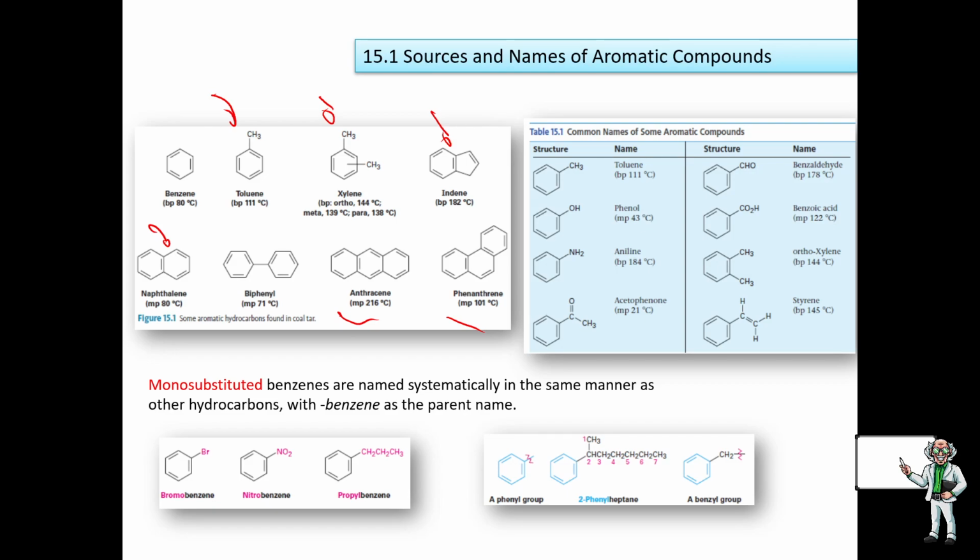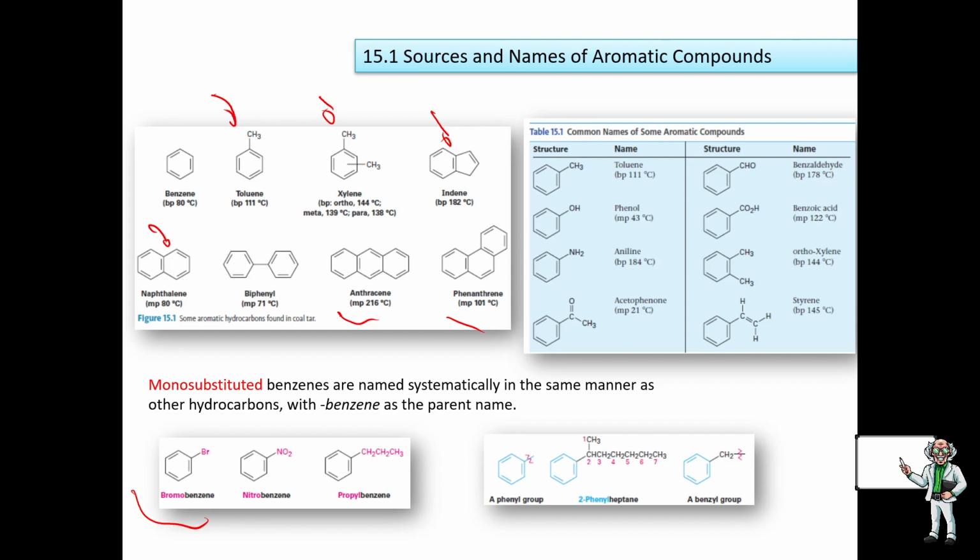If you are lucky and the compound that we are naming doesn't have its own name, what we will do is exactly the same that we do when we do the nomenclature of alkanes. For example, here we have a benzene that has a bromo, it will be bromobenzene.